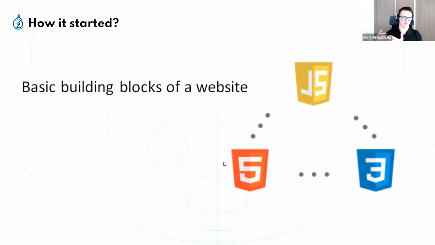I always like to use the house analogy when comparing web technologies. HTML would be the structure, the foundations, the walls, the windows. CSS would be the color on the walls, the shape of the roof, the fact that the windows are aligned, and JavaScript would be the functionality, so the electricity in the home, the plumbing, and so on.